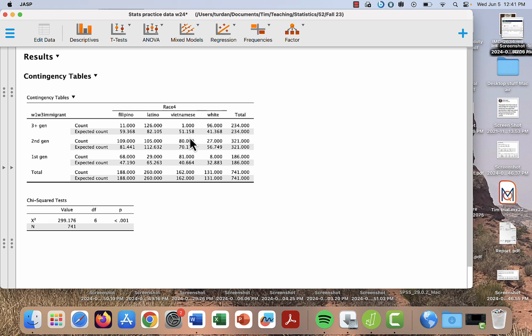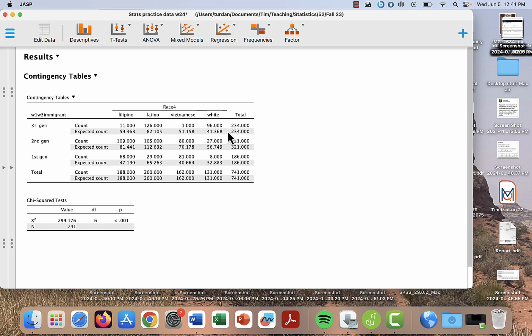So that's where we see a really big difference. And we would expect there to be only 40 Vietnamese students in the first gen cell, but there's 81 actually. So there's more first and second generation Vietnamese students than we would expect by chance, and way fewer third generation students.